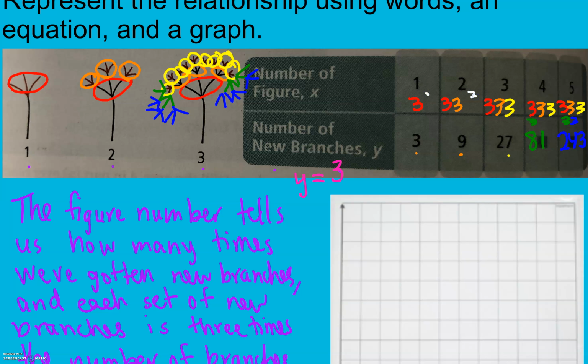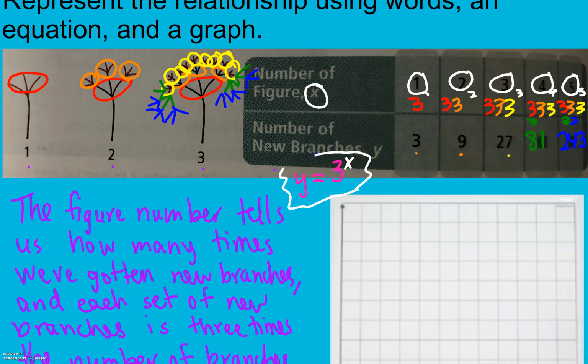Here, 3 times 3, twice; 3 times 3 times 3, three times; 3 times itself 5 times. And those match my figure numbers here. Those are also my exponent, because that tells me how many times my base was multiplied times itself. So y equals 3 raised to the x power is my equation.